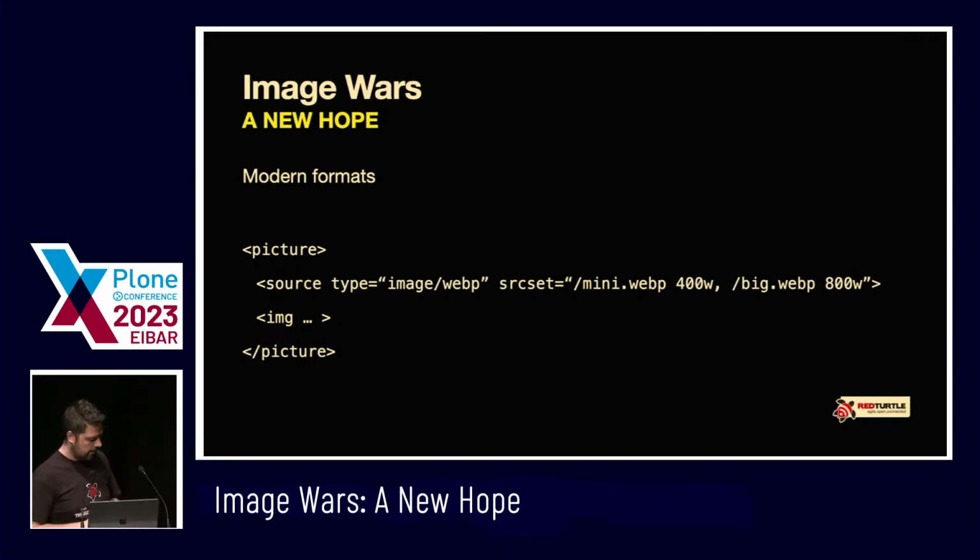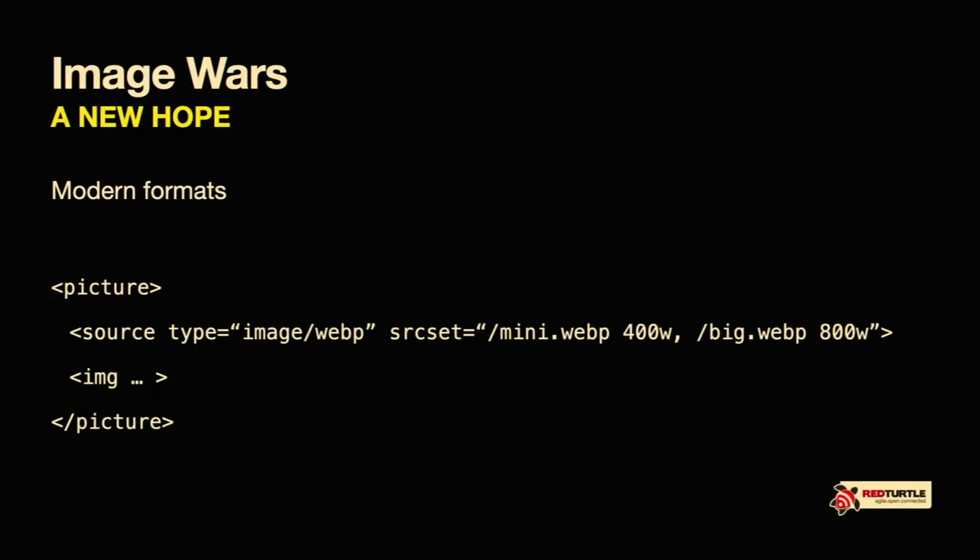So what does that mean? As you might know, WebP, for example, JPEG 2000 and other modern formats have come up in the last years. WebP has been out for several years, actually. And they are way better than the usual PNG and JPEG for compression, and the quality they offer is actually pretty good.